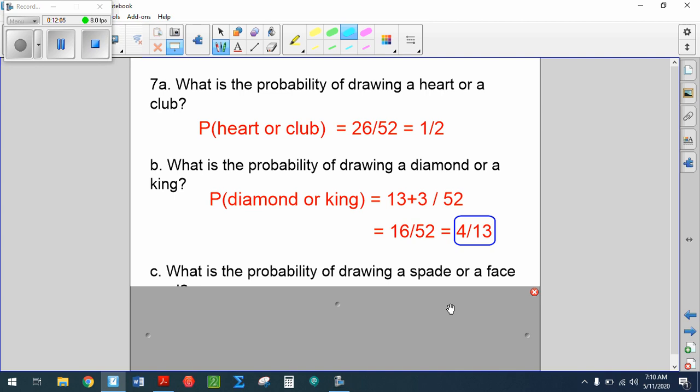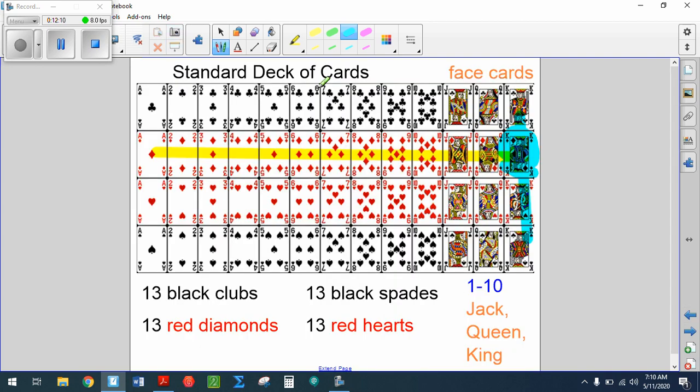What's the probability of drawing a spade or a face card? So all these at the bottom are spades. And then face cards are all of those.